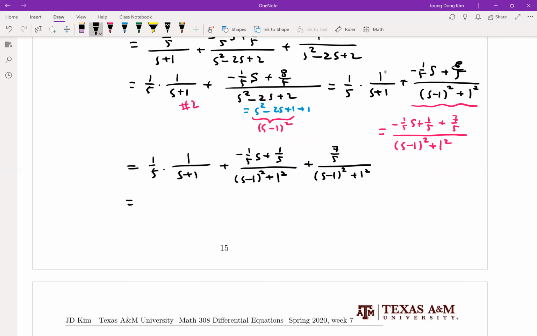We're going to take care of this one later, all together. And when you take out this number, it will be s minus 1 over (s minus 1) squared plus 1 squared. That's the perfect form. Then we have 7 over 5 here, times 1 over (s minus 1) squared plus 1 squared. Are you with me so far?